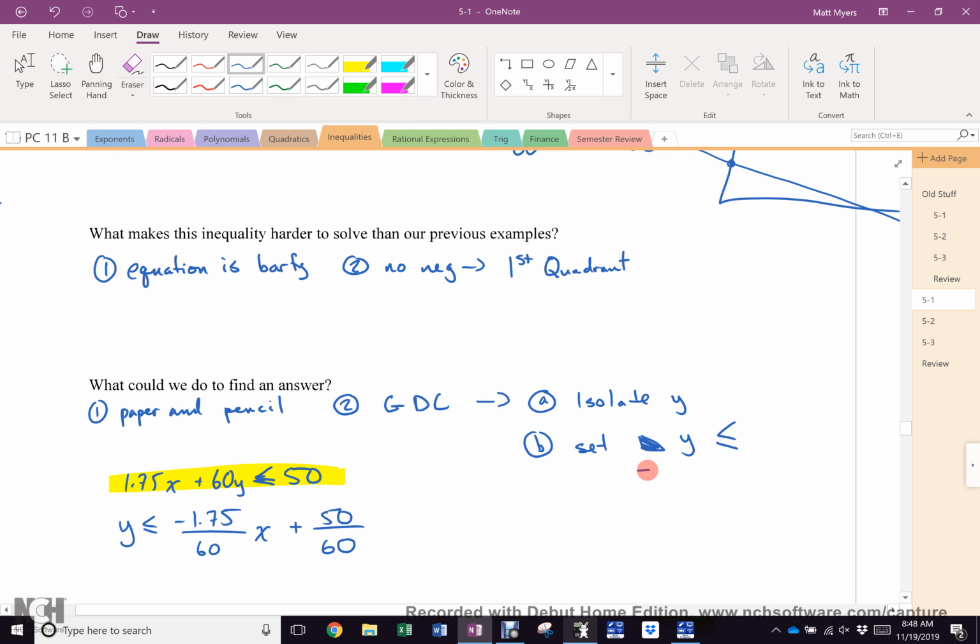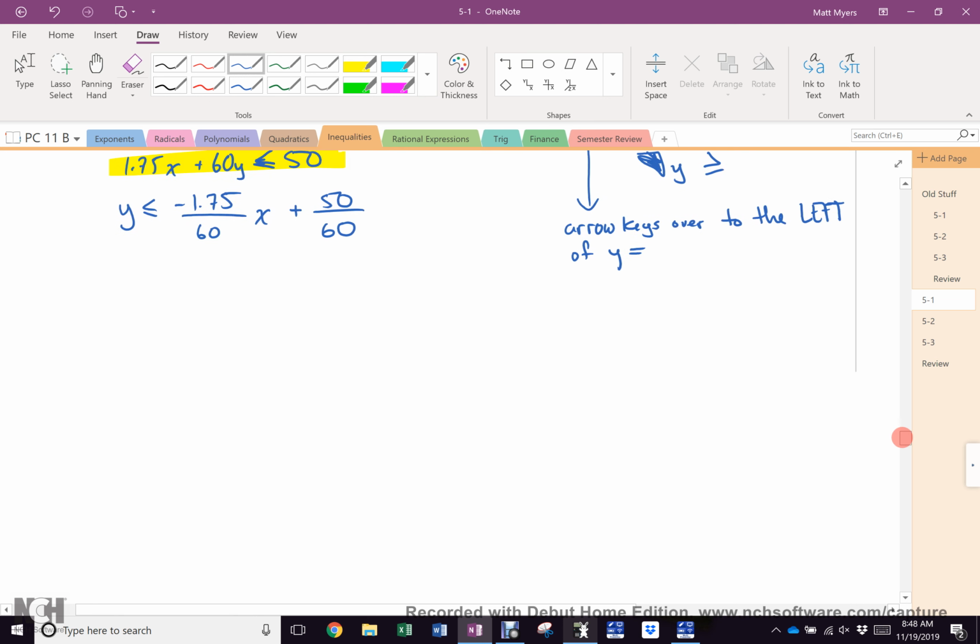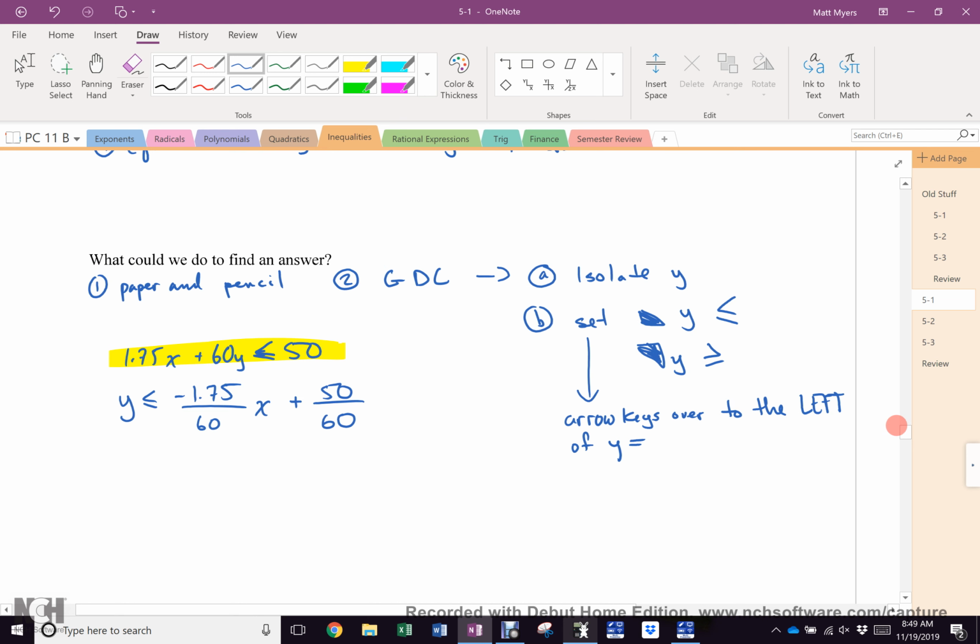And then this one is if it's greater than or equal to. And how do you set that? Arrow keys over to the left of y. Left of y equals. Is everybody cool? Everyone is good?